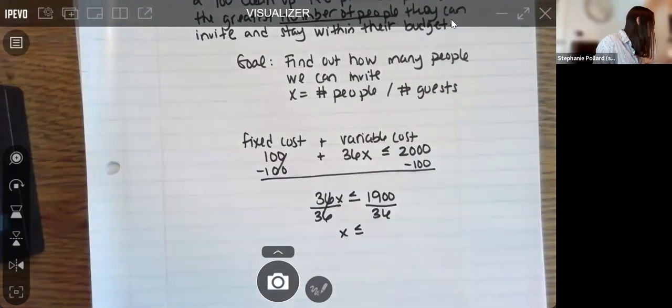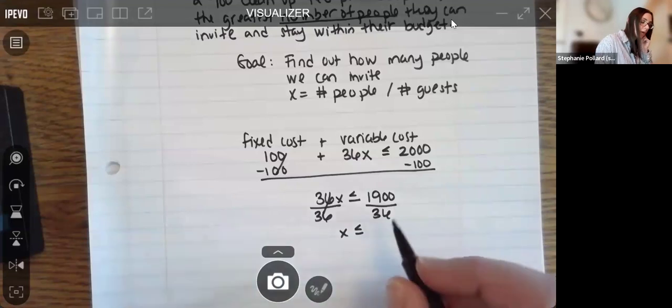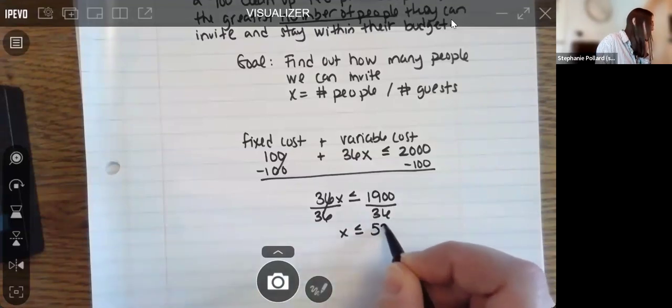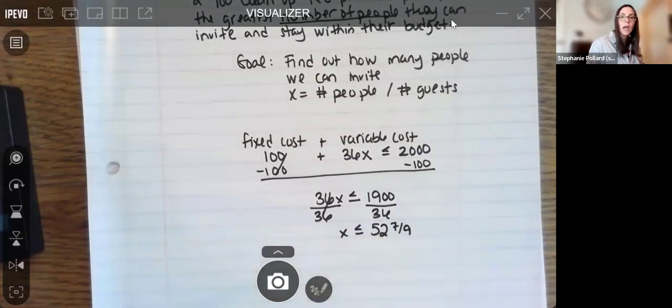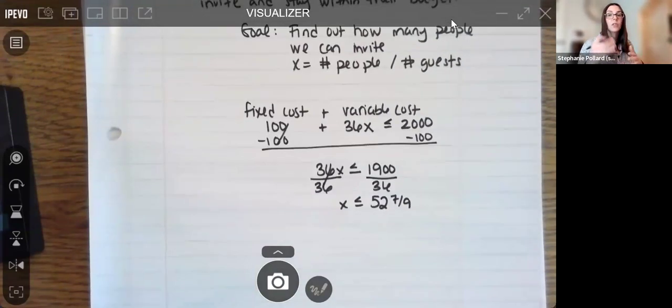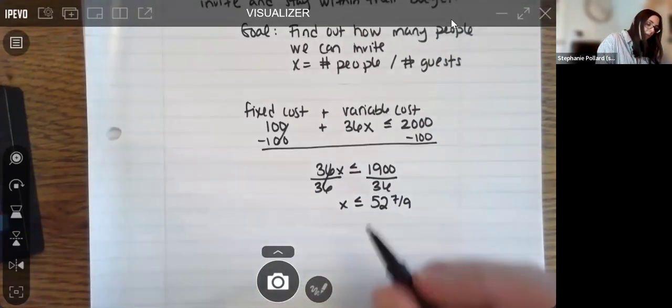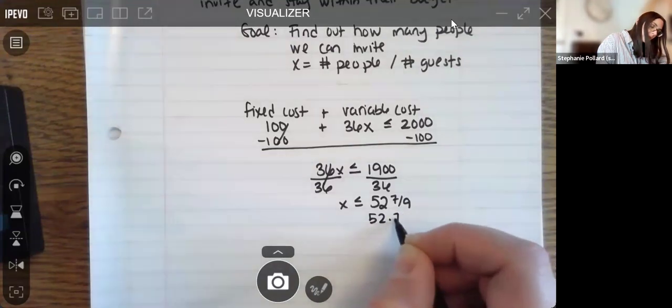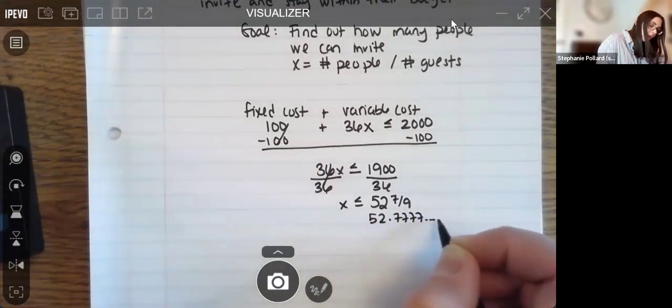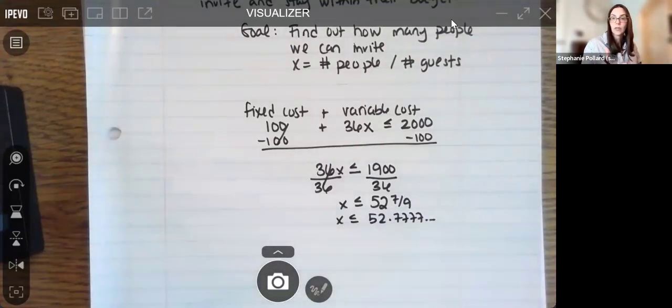And let me look at the solution here. And you get, so if you do out the work here and you convert it over, you get 52 7/9. But if you type it into your calculator, you get 52 in a decimal. So you get 52.7777, etc. So you get this answer here.